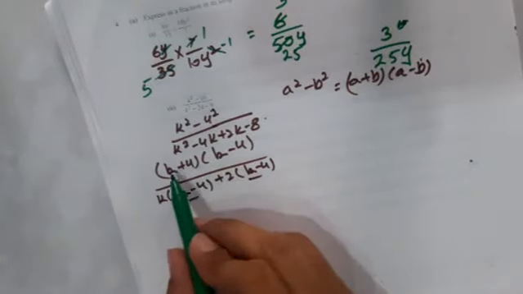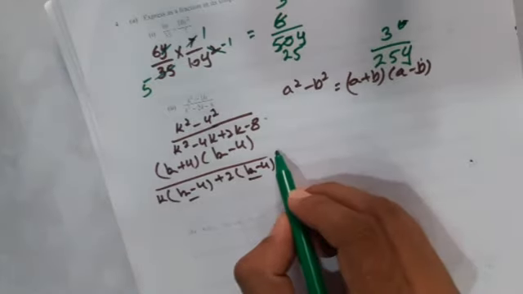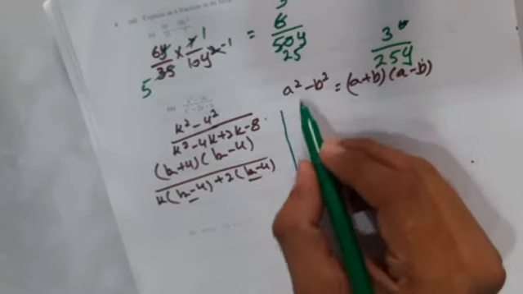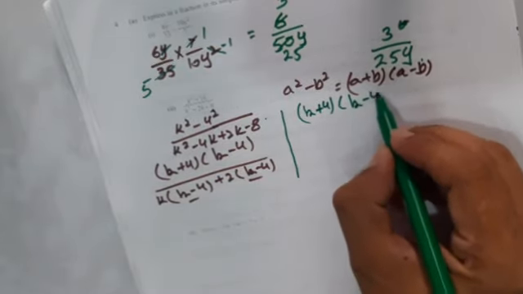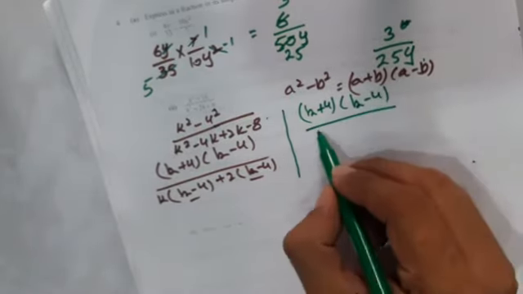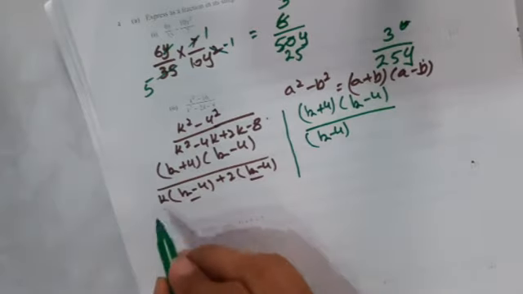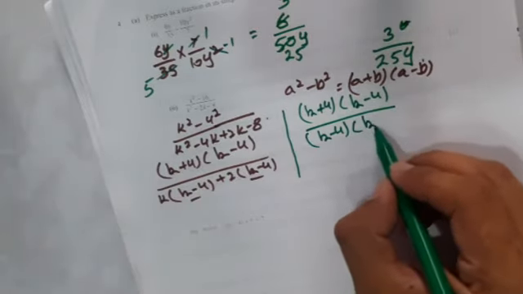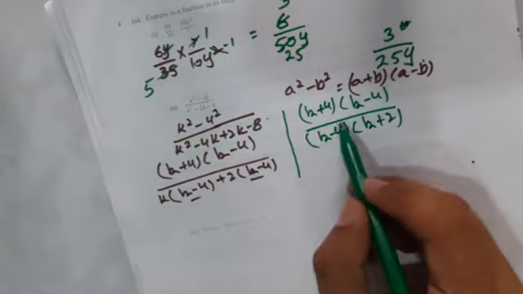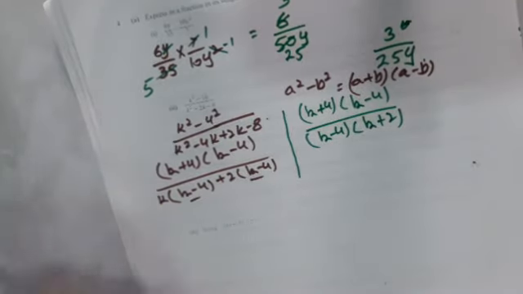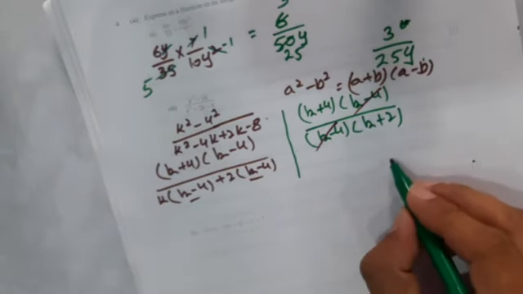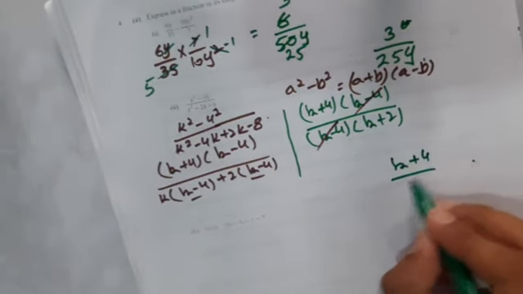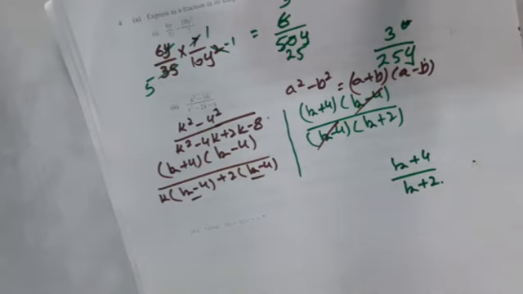Then we can take common again. So k plus 4 into k minus 4 over k minus 4 again common, and here is k plus 2 remaining. So k minus 4 and k minus 4 will be cancelled. So the final answer will be k plus 4 over k plus 2.